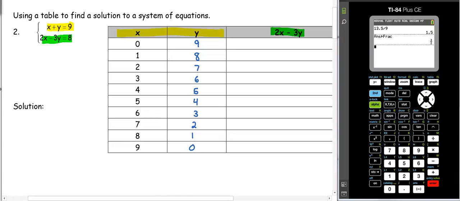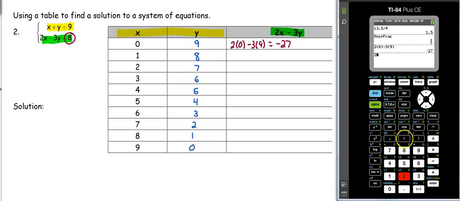So in the first row, we would have 2 times 0 minus 3 times 9, and we can put that in our calculator. 2 times 0 minus 3 times 9 gets us negative 27. Well, we're looking for 8, so that's not our solution. We've got to keep going.